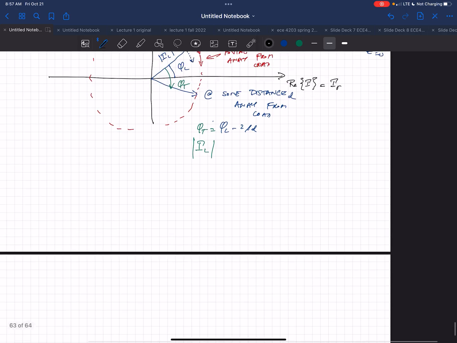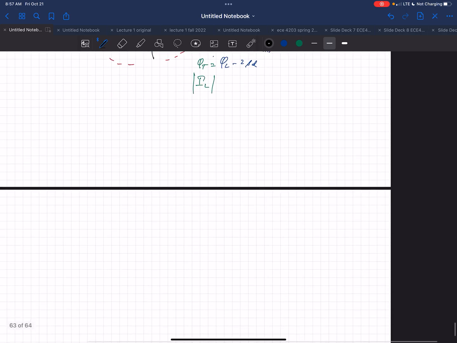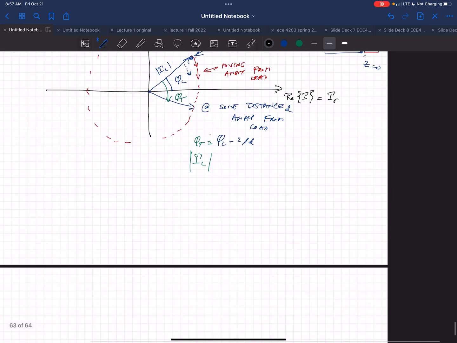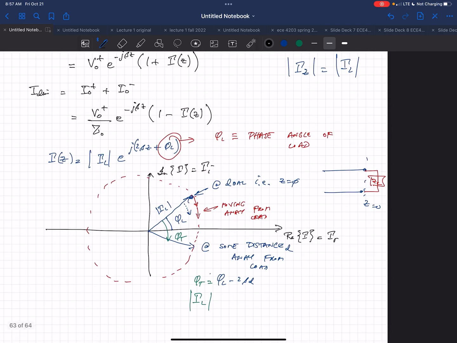Okay, so that's how this line reflection coefficient changes as we walk away from the load impedance.